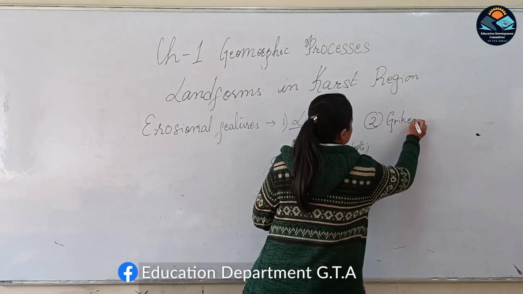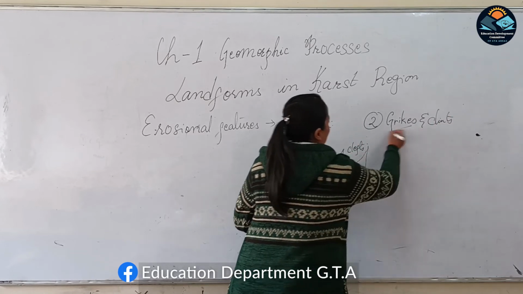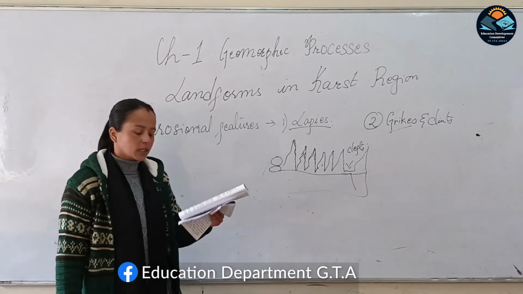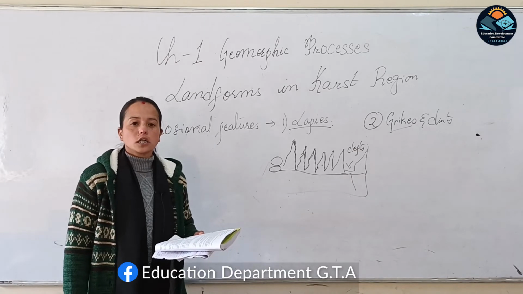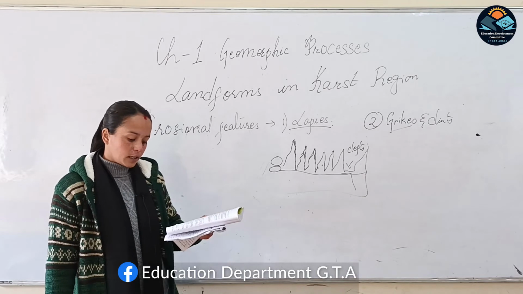and the clints. So what is a grike? This is also formed by the solvent action of the water in the limestone region.